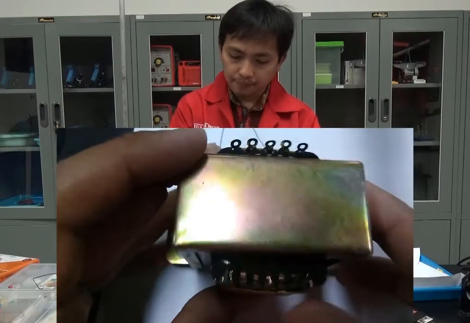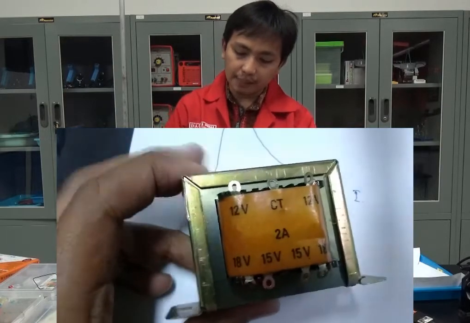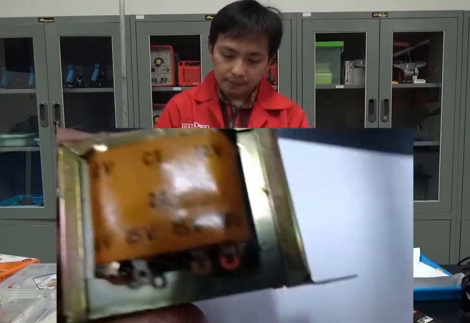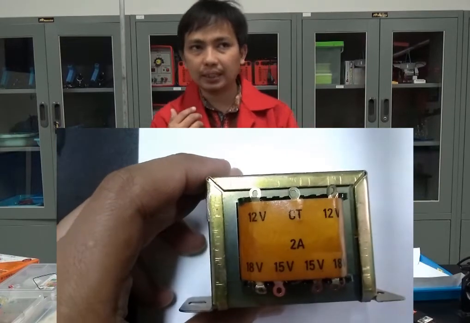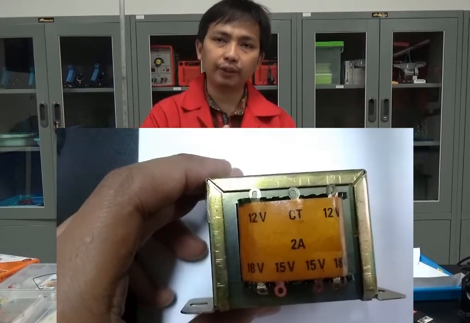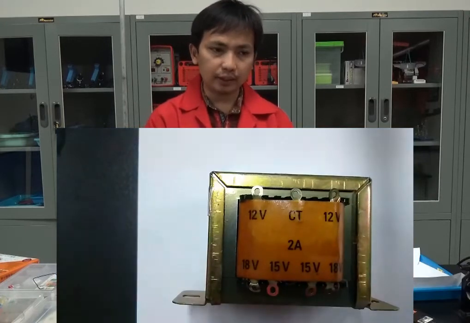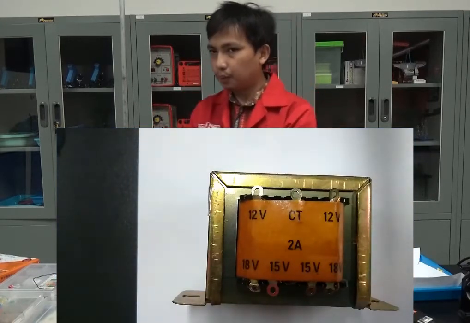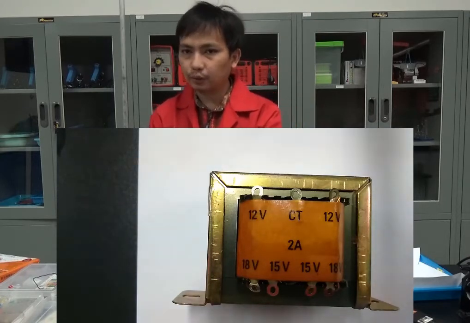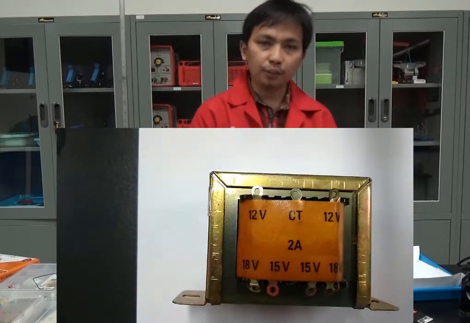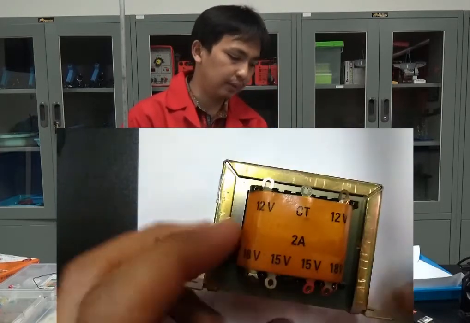What is the purpose of step down? Sometimes we equip the adapter with a transformer, so it can transform the electrical source at your home, 220, into 5 volt to be used as USB potential difference.